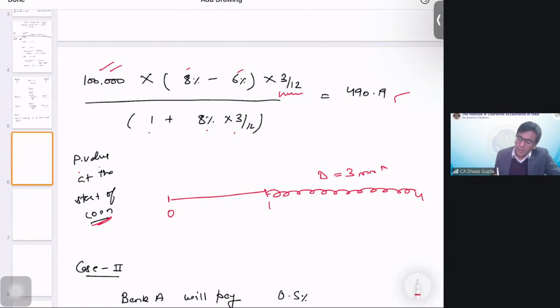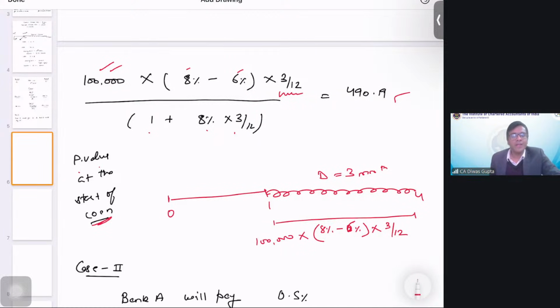Now if I ask you to calculate the gain on this 3 month period, that will be 8% minus 6% into 3 months by 12 months. For 3 months, the gain will be 3 by 12, right? 8 and 6 are the annual percentages multiplied by 1 lakh.